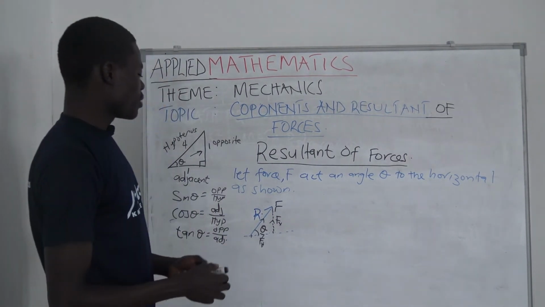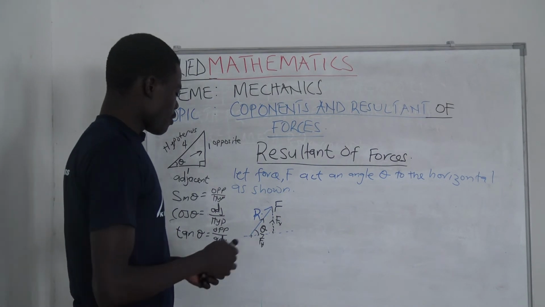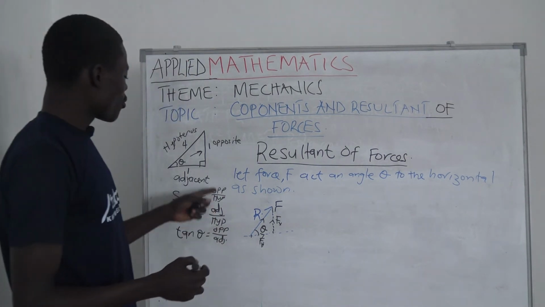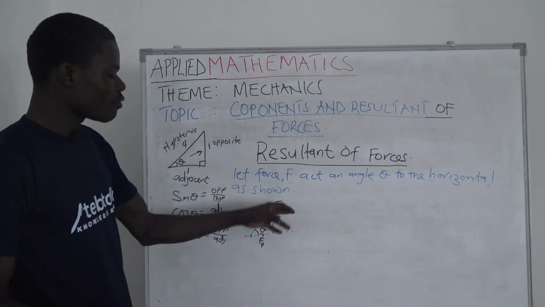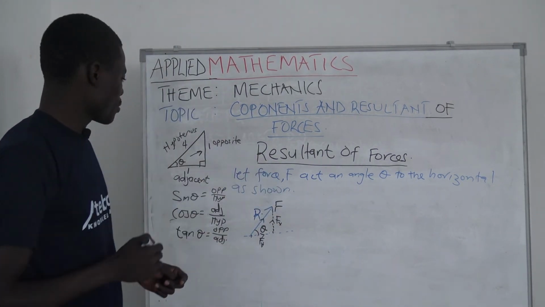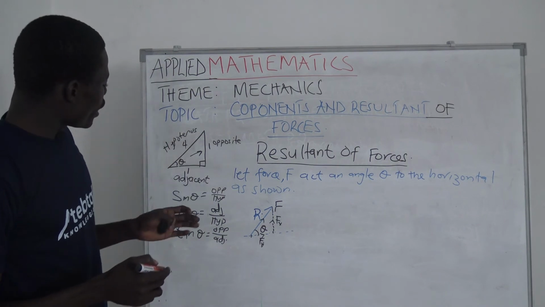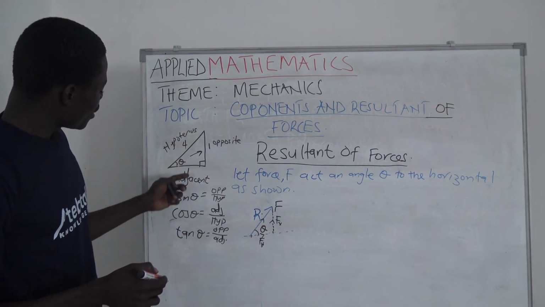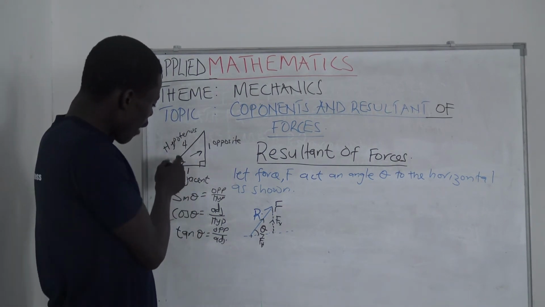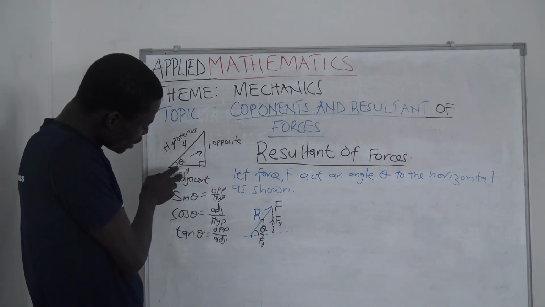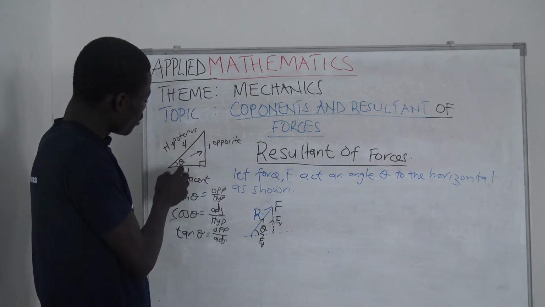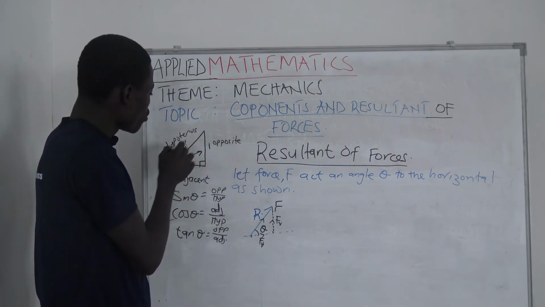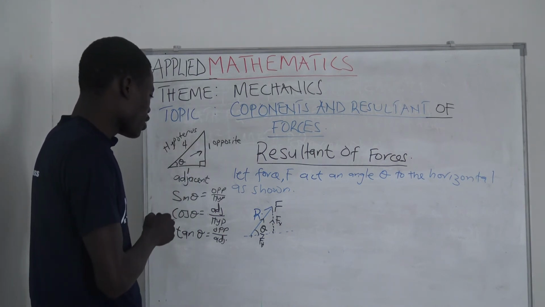So how do we calculate this resultant force? First and foremost, we need to know how to get the horizontal component and the vertical component of the force. Now we have our angle, but we don't have the value of the adjacent, the opposite, and the hypotenuse.